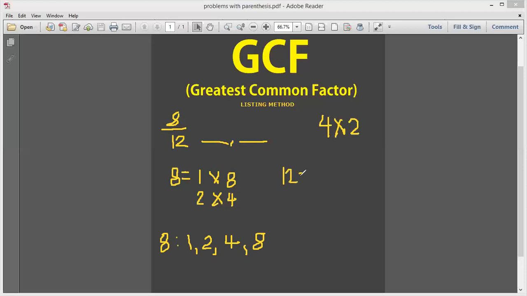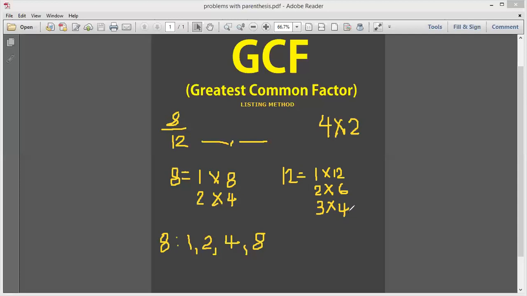Let's write the factor pairs for 12. Let's start with 1. What number when you multiply by 1 will give you 12? Easy, that's 12. Now how about 2? 2 times 6 gives you 12. How about 3? Is there a number you can multiply by 3 and you get 12? Yes, it's 4. And then how about 4? We're back to 4.